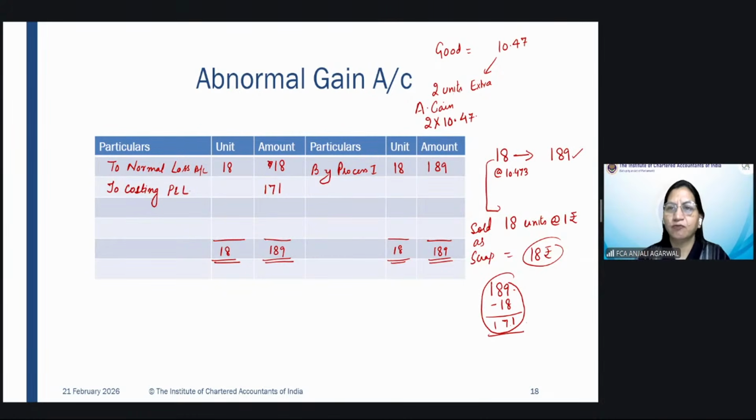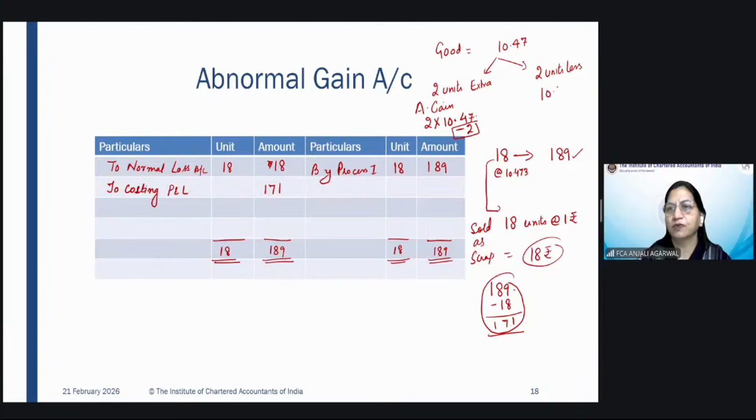However, I must not forget that if I did not have these 2 units extra, I would have had them as a scrap and they would have given me 2 into 1, 2 rupees otherwise also. So my true profit is not 2 into 10.47, which is 20.94, but it is minus 2. It's only 18.94.